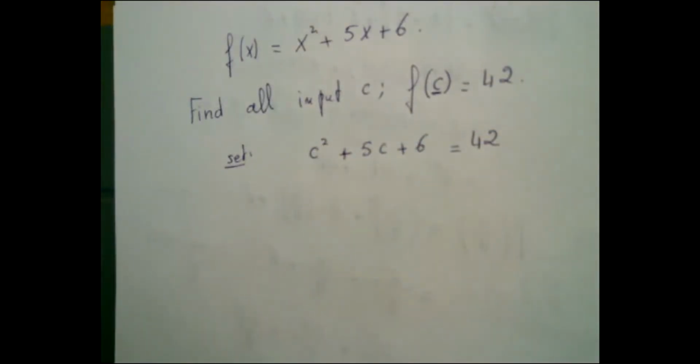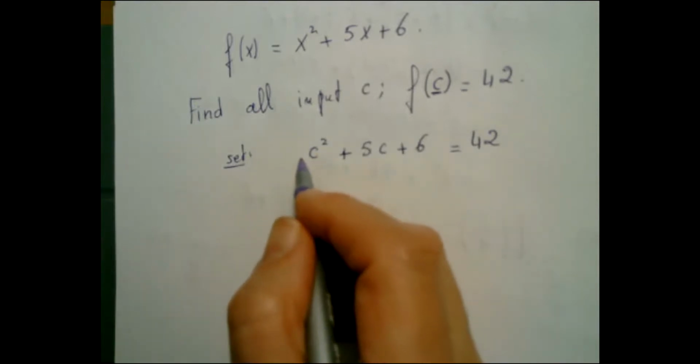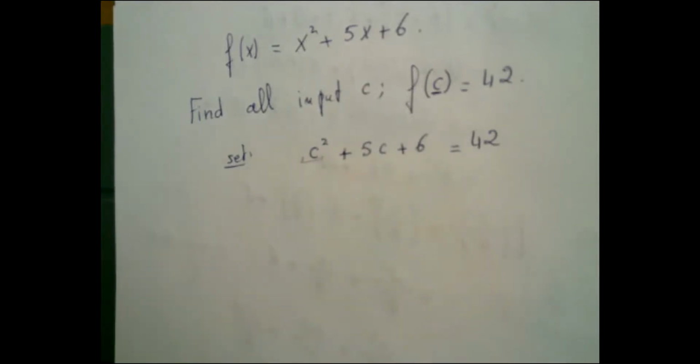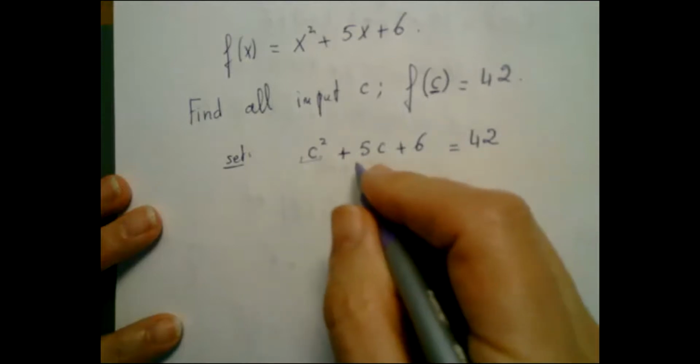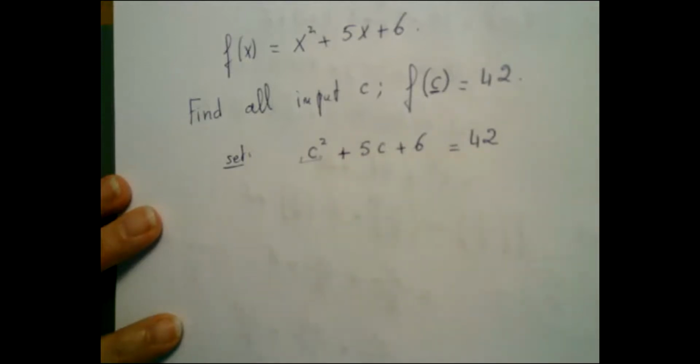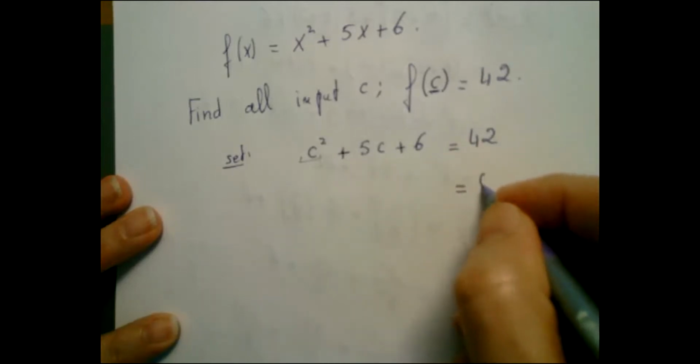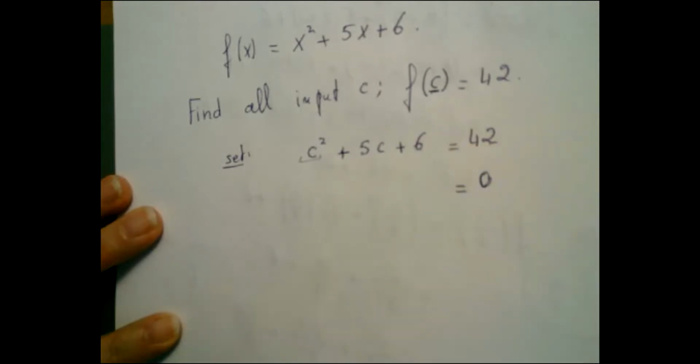Now let us remember how we solve this type of equation. My job is to remind you of that. If you remember a little bit, it's a quadratic, because there is a c squared. When we have a quadratic, the way we do it is the following. We try to set it equal to 0 by moving this term to the left.